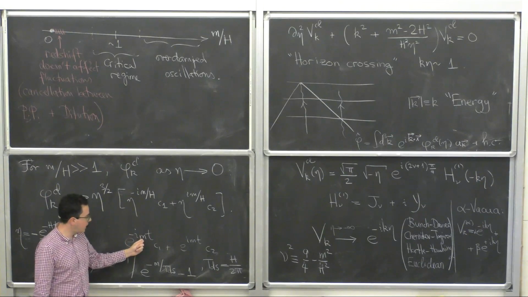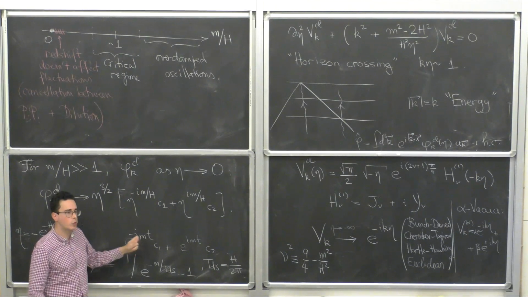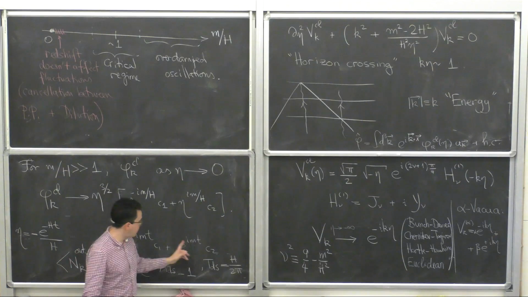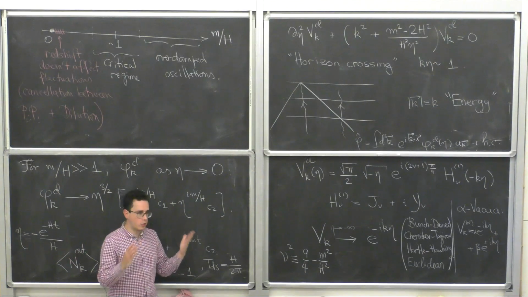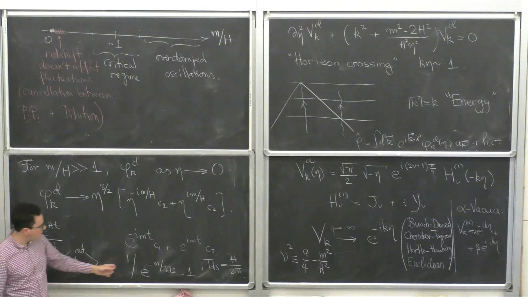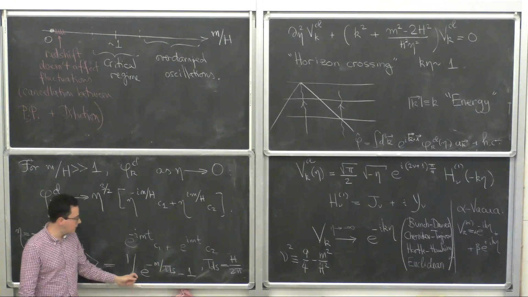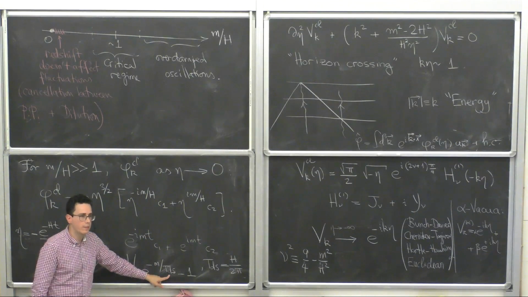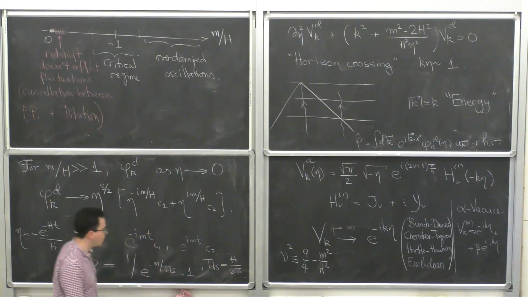But first of all, there is no dependence on k anymore, so every wave number is frozen. And because you have an admixture, there's particle production, okay? And the amount of particle production is also mode independent. It follows a Bose distribution at a certain temperature. And this temperature is controlled by the Hubble scale.